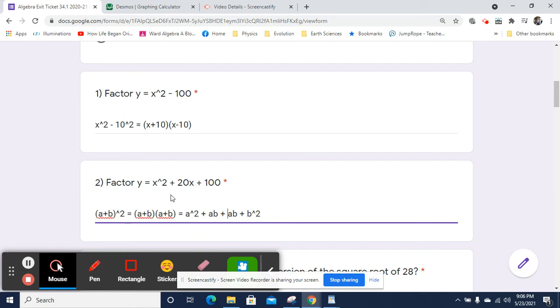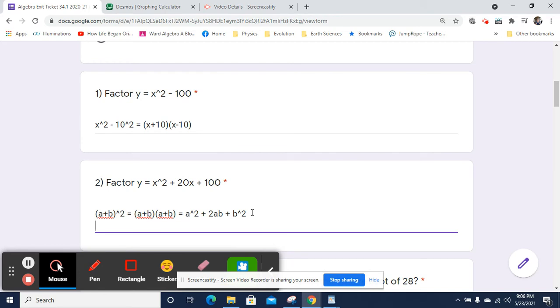And if I've got two ab's, I may as well write them as 2ab. So now the question is, would 20x fit the bill of a 2ab? The way you want to work that out is: is 20 equal to 2 times the square root of x squared times the square root of 100?